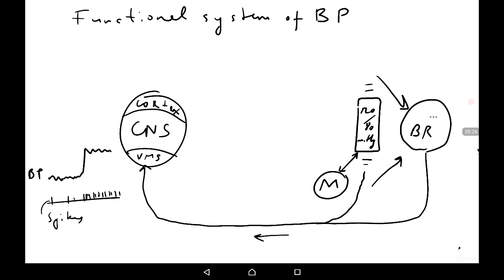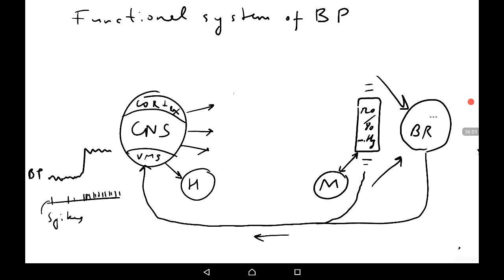Actually, we can remind the formula 3+1 that we already know. Here there are several ways to control the blood pressure. Humoral regulation and autonomic mechanisms will take part in this regulation, and we can find in this functional system the precise mechanisms that we already know.